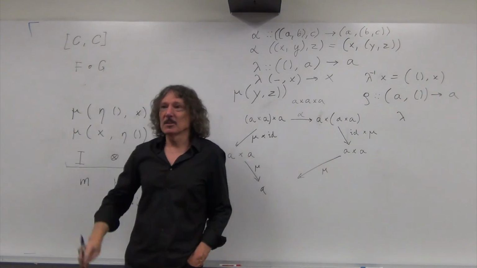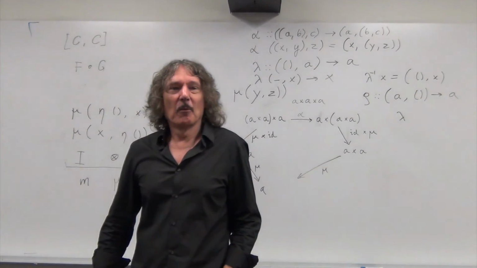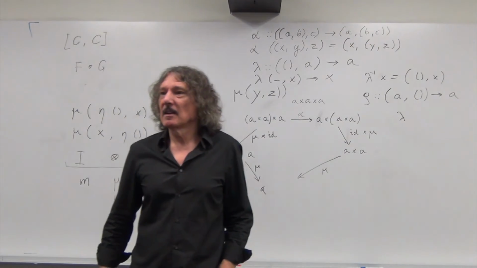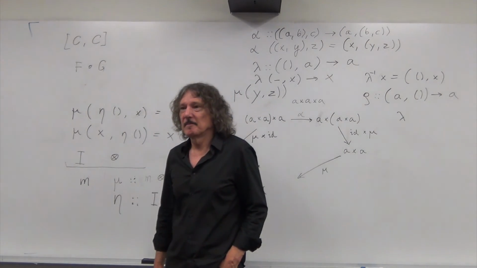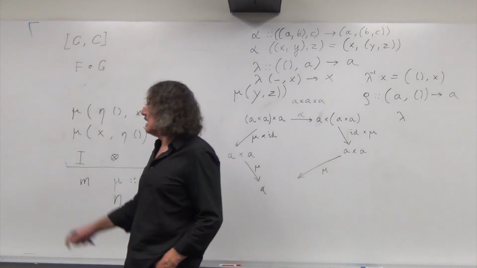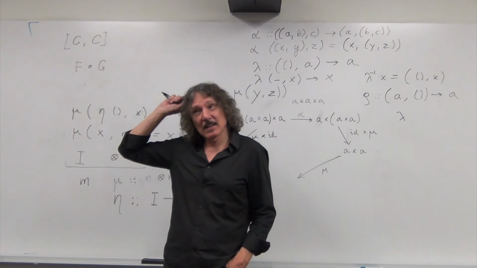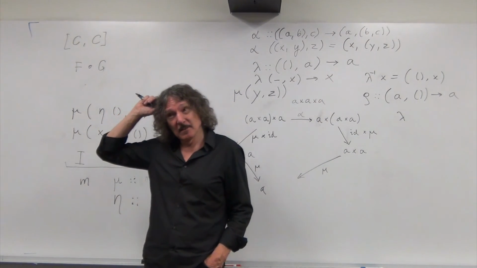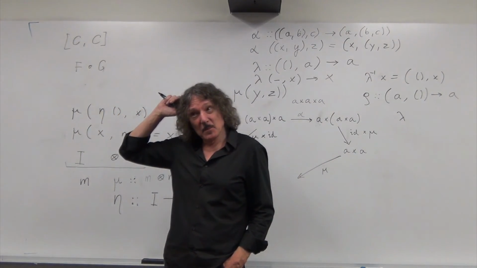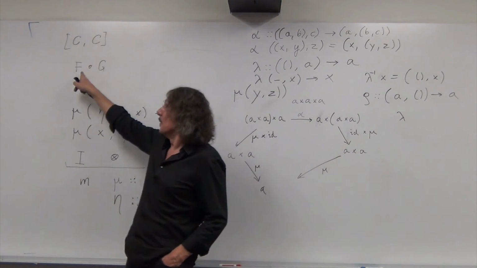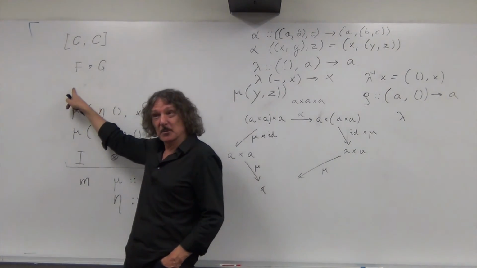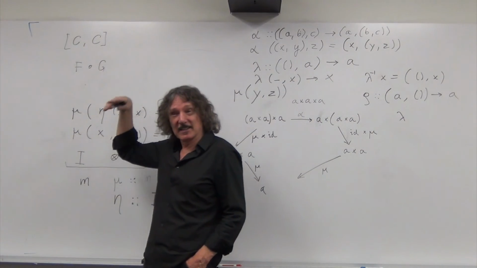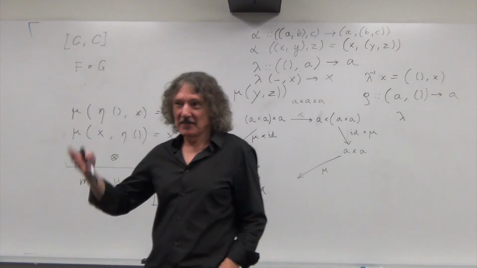So this circle here, why don't we treat this as a tensor product? It is a bifunctor in the category of endofunctors, meaning that if you apply natural transformations to f and g, you can lift them.